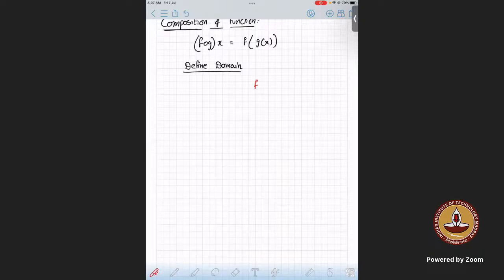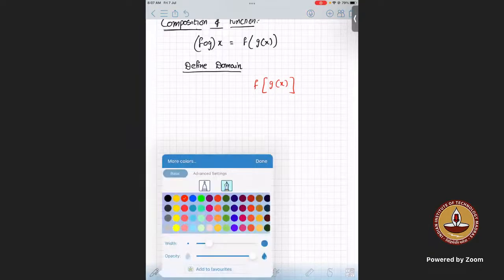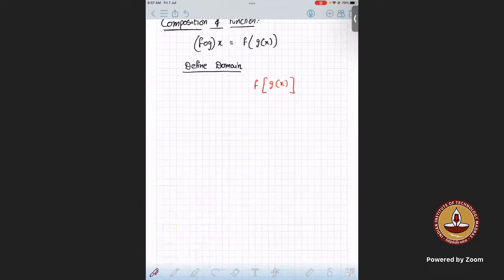Domain is what g of x? Listen carefully. The domain is the range of g of x. x is in the domain of g, agree?